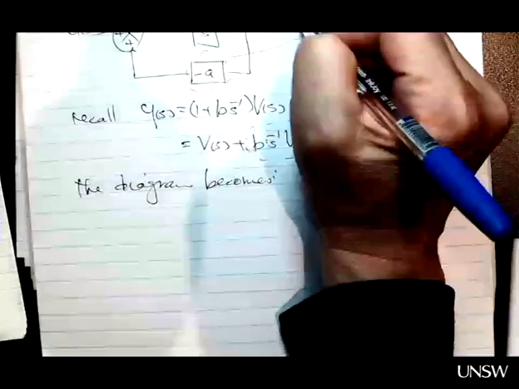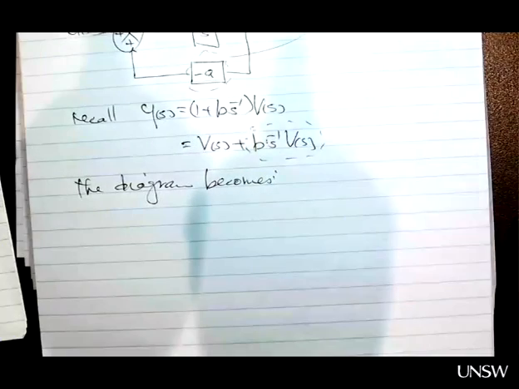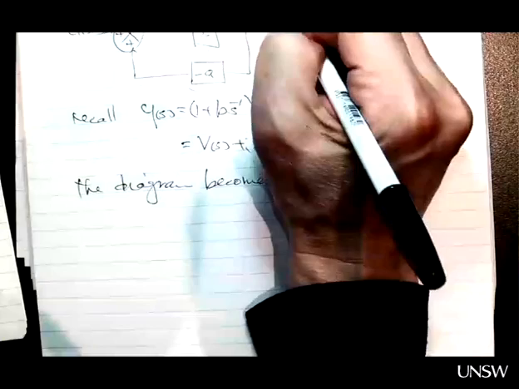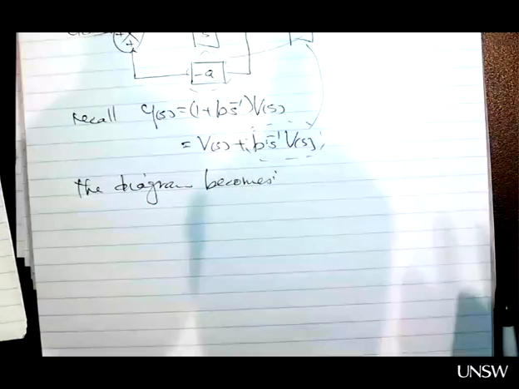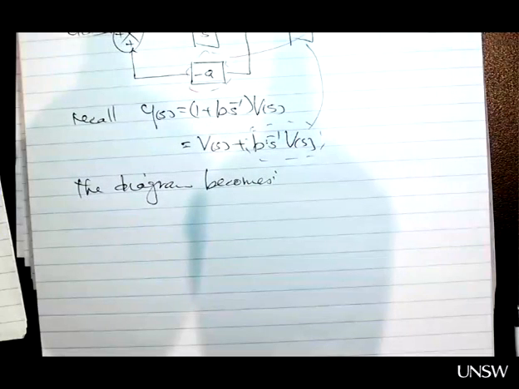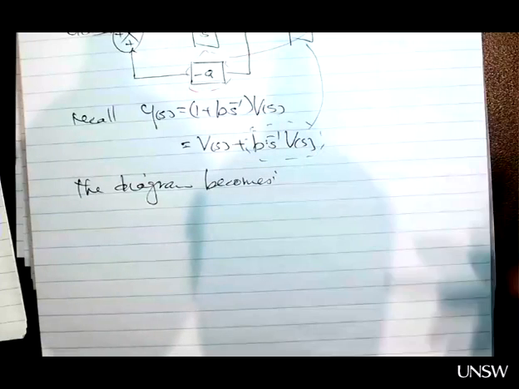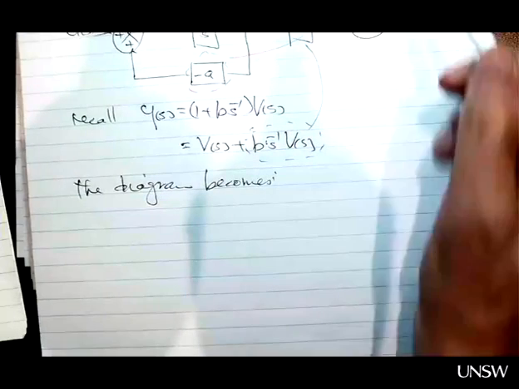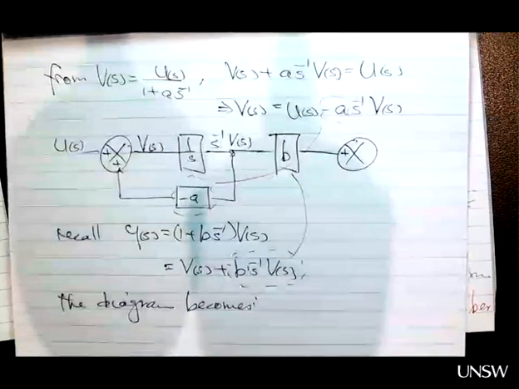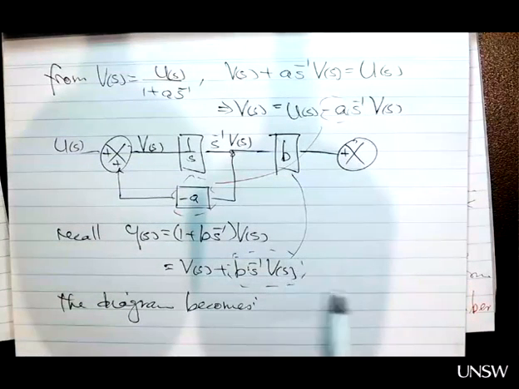We scale with a b. So this part is this part, and then we add together.